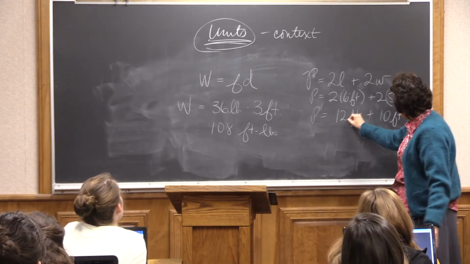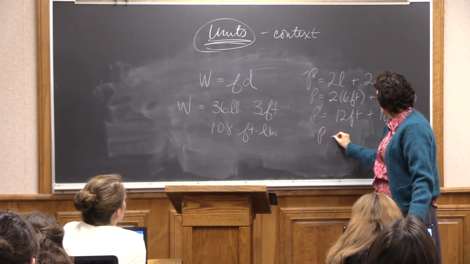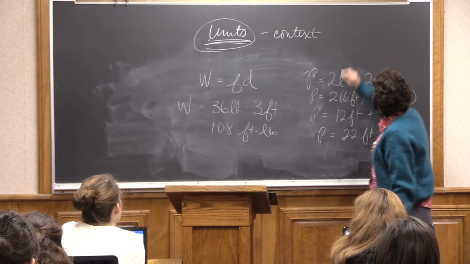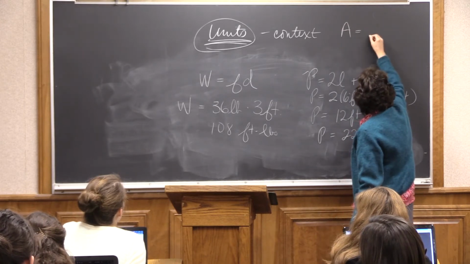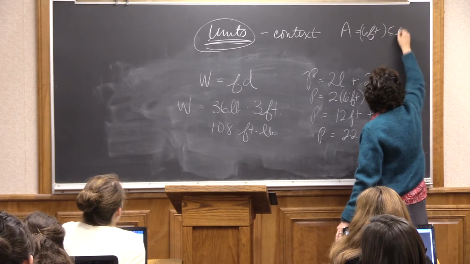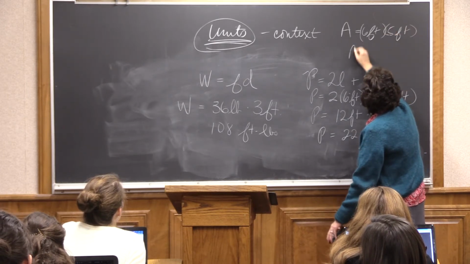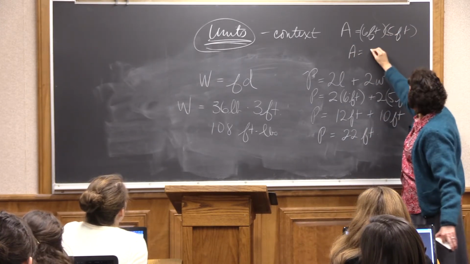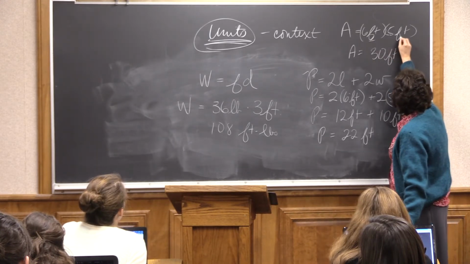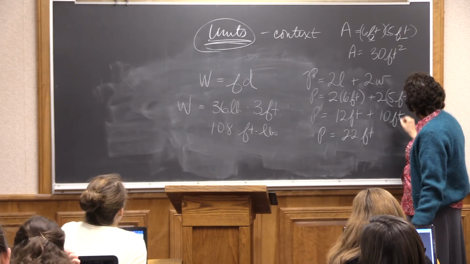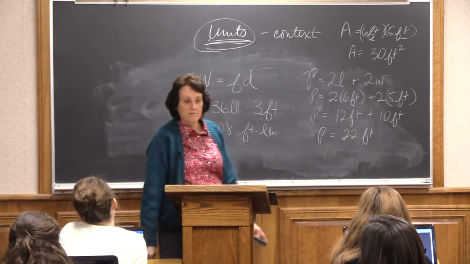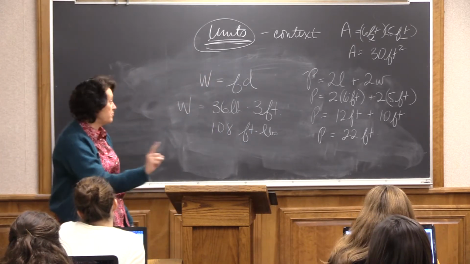Then 12 feet plus 10 feet is 22 feet. As opposed to area. 6 feet times 5 feet is what? 30 square feet. Feet times feet is feet squared. Feet plus feet is still feet. It's one-dimensional. Remember, perimeter is the distance around. It's in one dimension.